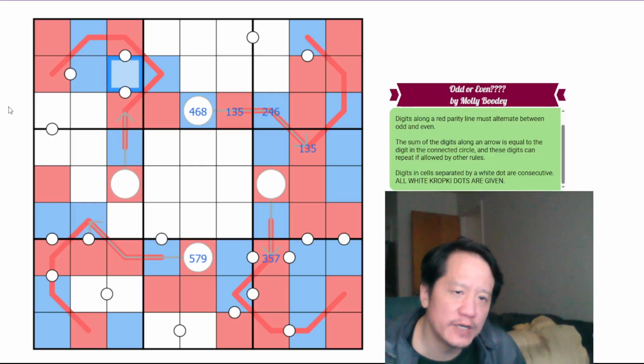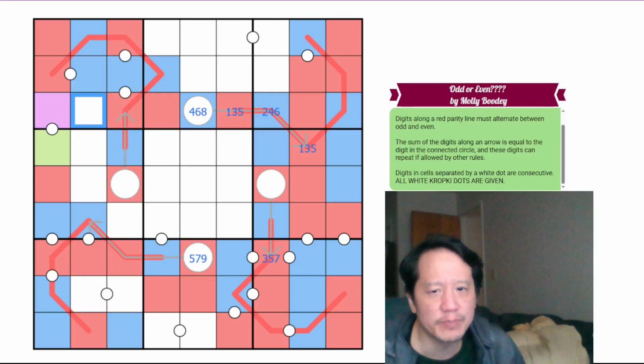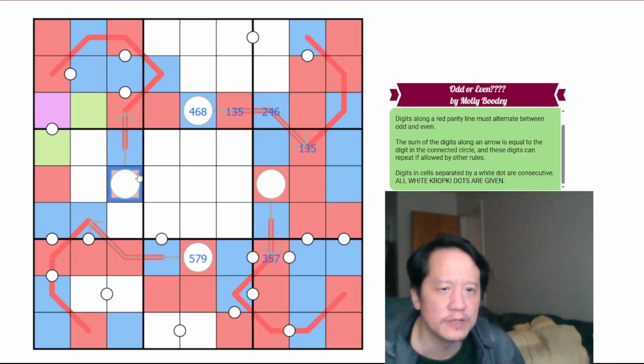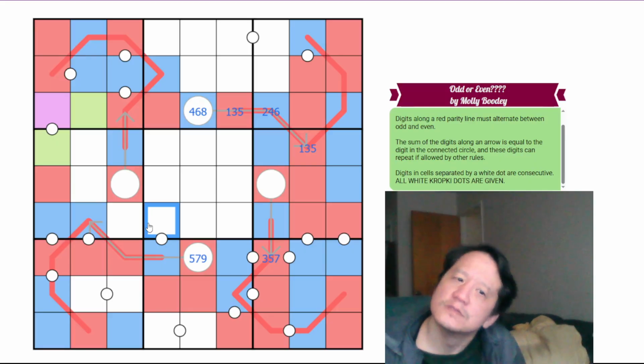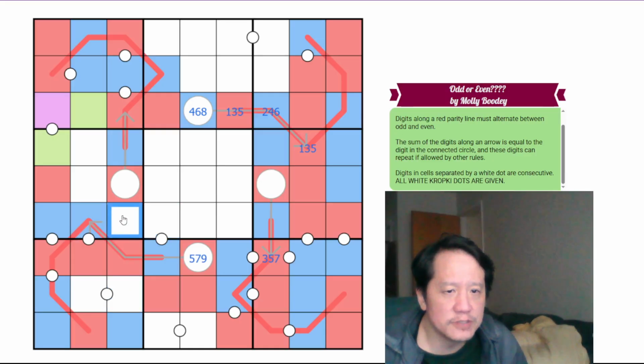Okay, so whatever digit this is... So we're going to make this green, we'll make this pink, I guess. This has to be the opposite parity, so this is green. We don't have anything else here, though. These are opposite parities.